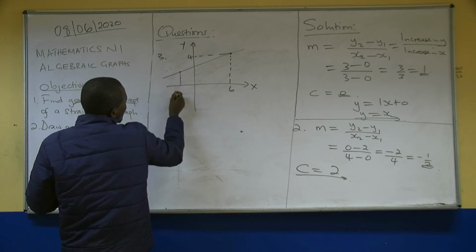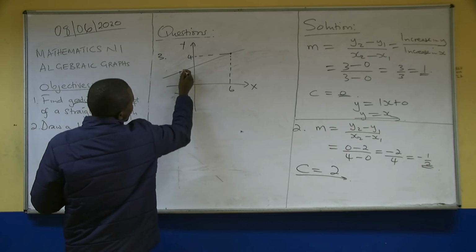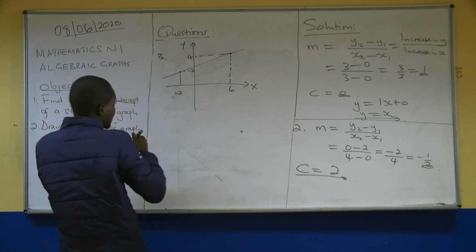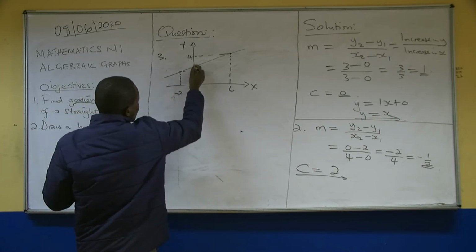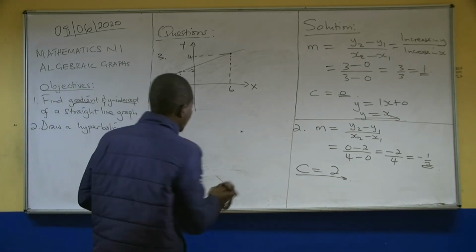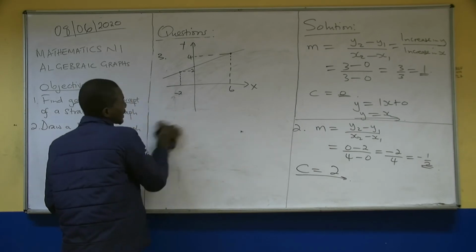Then we've got a point there where our x is minus 2 and our y is 2. Right, like that. But we are not given the point where that line cuts the axis.